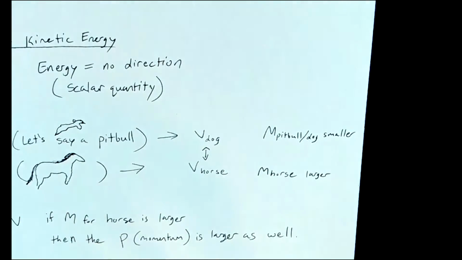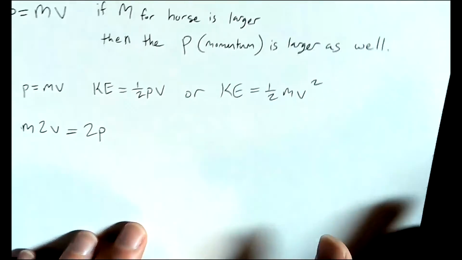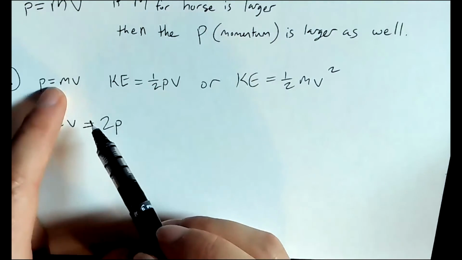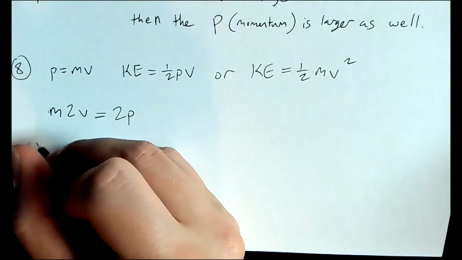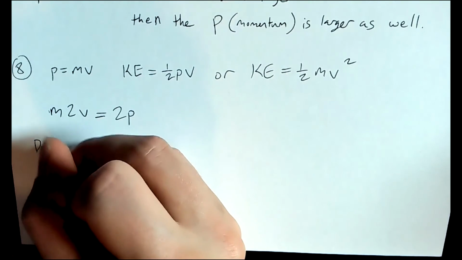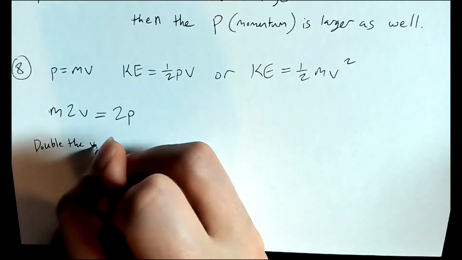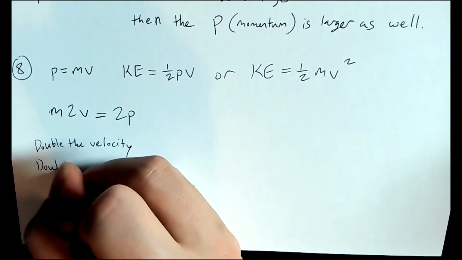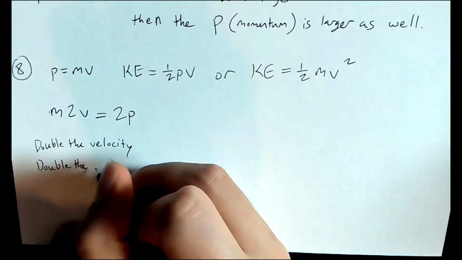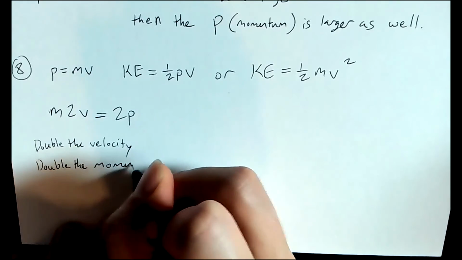So there are two ways to look at the kinetic energy one. If you double the velocity, the momentum doubles. Double the velocity, you double the momentum.